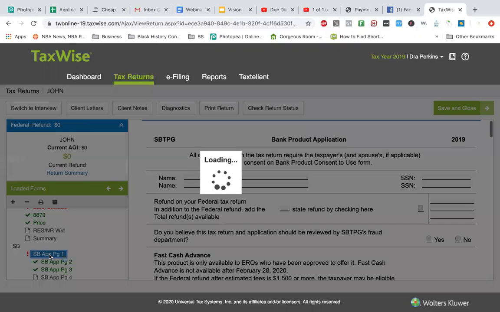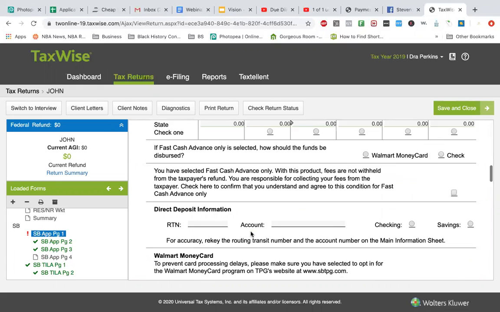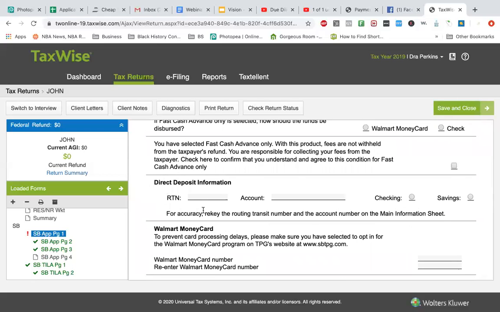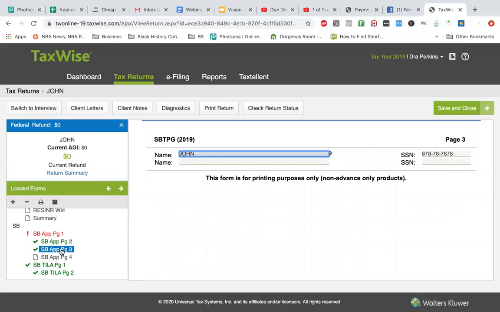If you go to SB App 1, this is all the bank information. You want the client to initial where the routing and the account input is, if this is going to be a direct deposit. And then you want to print out SB App 2, I believe, as well. I'm not really sure about 3 and 4. I don't know if that's new.